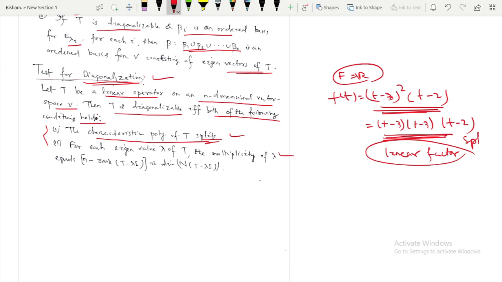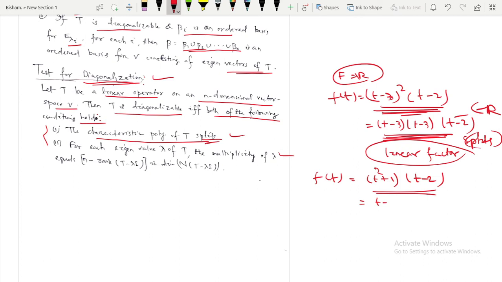If you remove the square, it will be t plus i and t minus i. But t plus i, t minus i can't split in the set of real numbers. This thing splits in the set of complex numbers, because these are complex numbers.